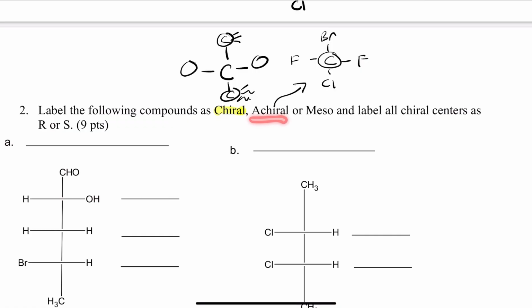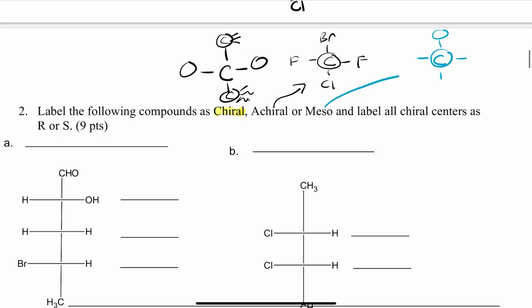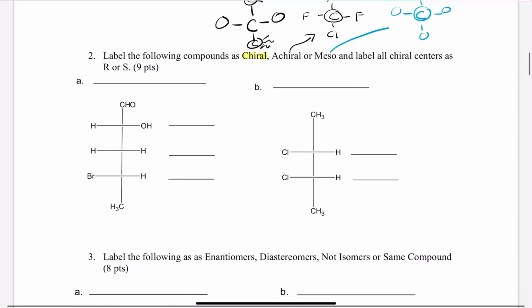So that makes it have a plane of symmetry. Meso, being a combo of the 2, will have a scenario where it is connected to 4 different things, and at the same time will have symmetry. So let's see if we have an example.